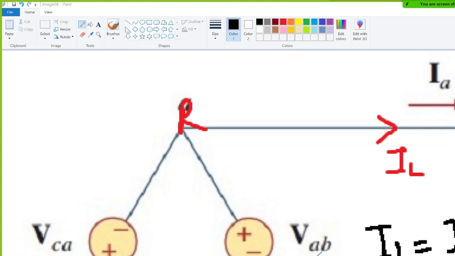Is it right to say, like we have discussed a lot of things right from the start of the semester, is it right to say IL equal to IRY? What do you think? Amit has said yes. Anybody else wants to say something?